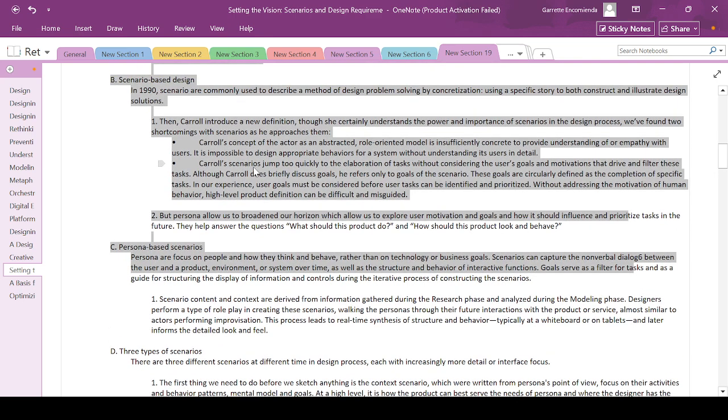Then after that, Carroll introduced a new definition. Though he certainly understands the power and importance of scenarios in the design process, we've found two shortcomings with scenarios as he approaches them. Carroll's concept of the actor as an abstracted, role-oriented model is insufficiently concrete to provide understanding of or empathy with users. It is impossible to design appropriate behaviors for a system without understanding its users in detail.